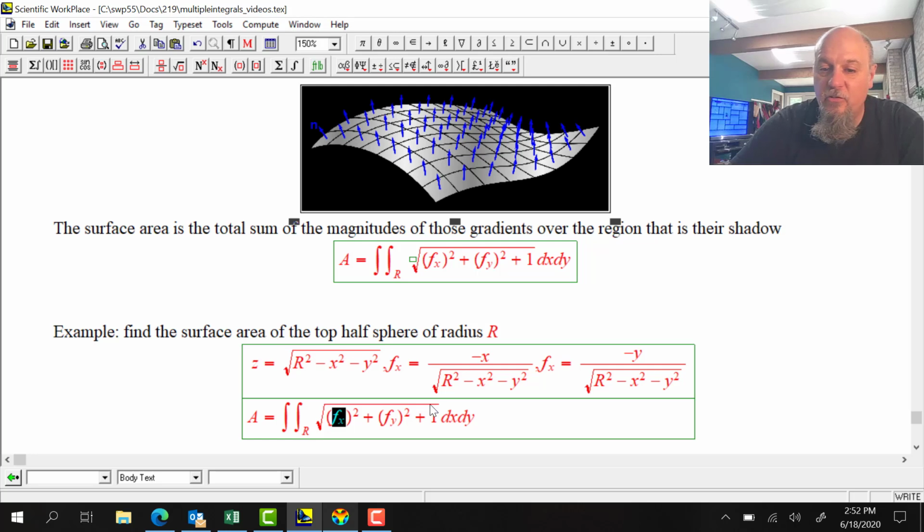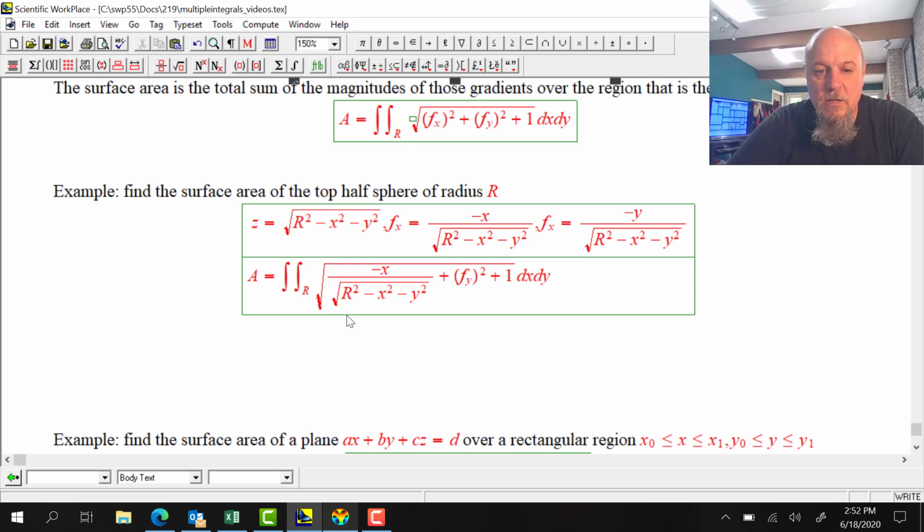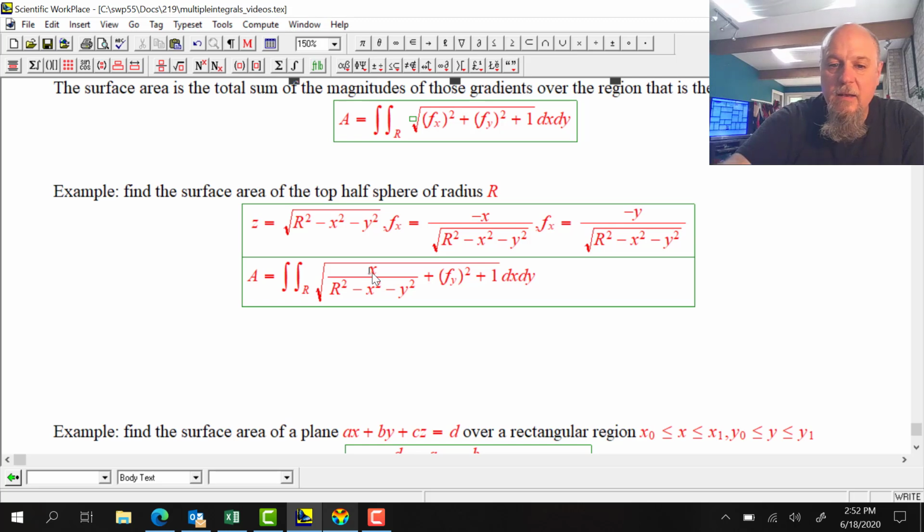So f sub x squared is going to be x squared over the square root, which is going to get rid of the square root when I square that function, and I'm making that positive.